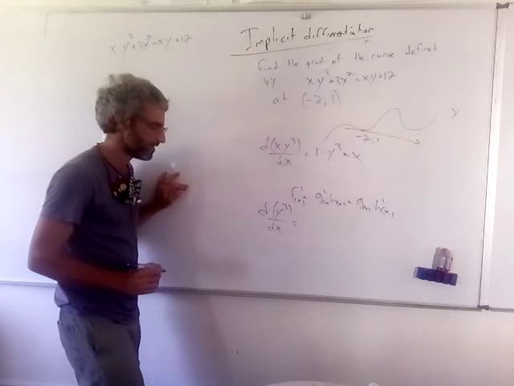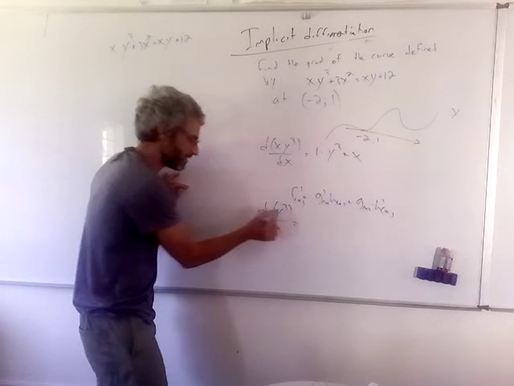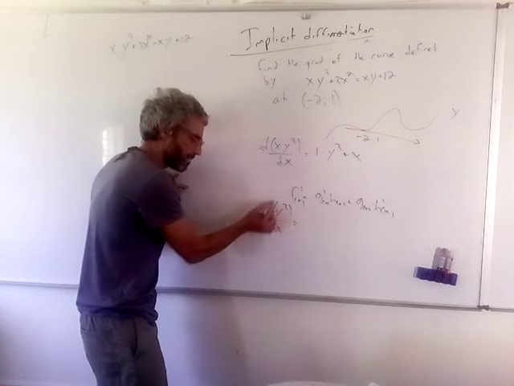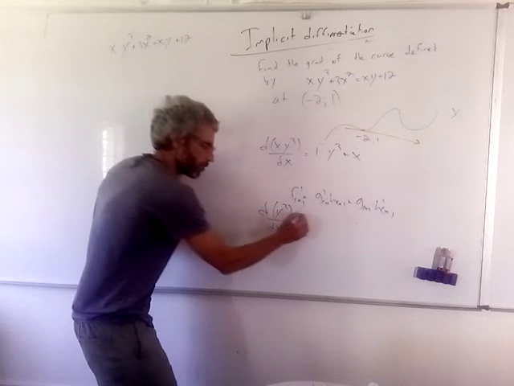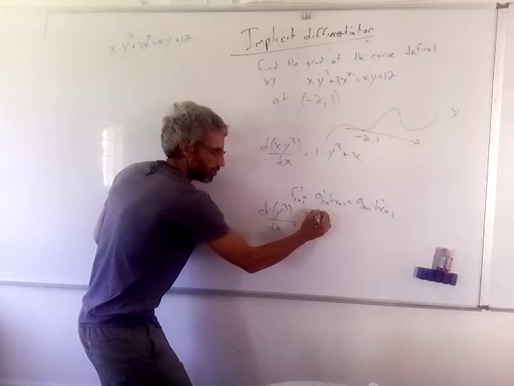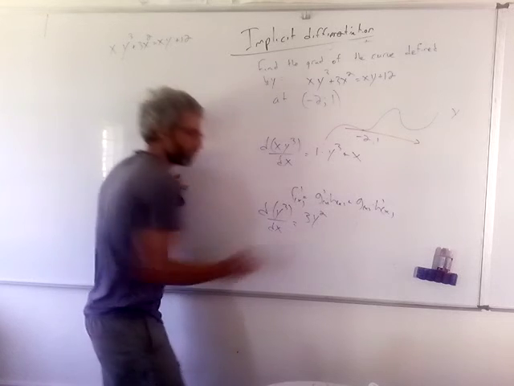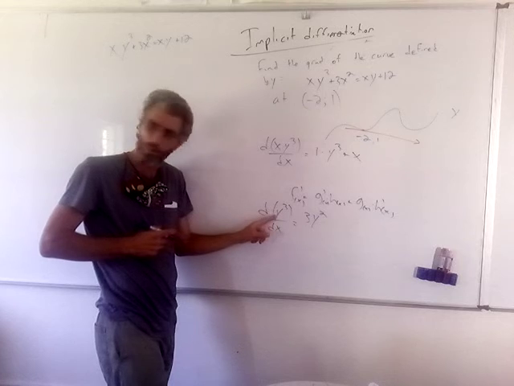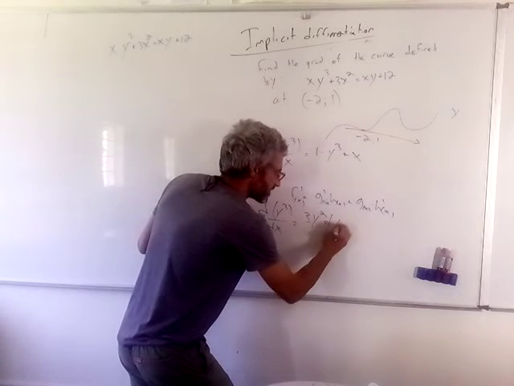We've got the small babushka and the big babushka. So we do 3y to the power of 2, times the derivative of the inner babushka, which is y, dy/dx.